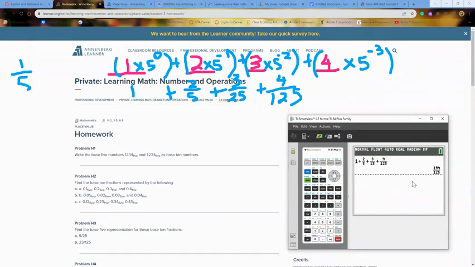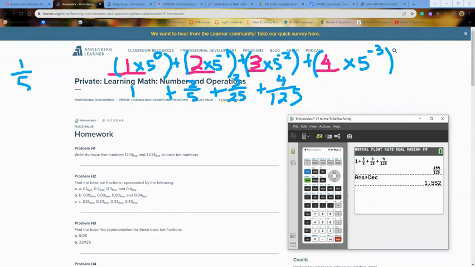And then we get 194 over 125, and that is going to be our answer for this one. 194 over 125. Now, if you want to turn that into a decimal, you can. And we know that that will also equal 1.552. So those are the solutions for that one.